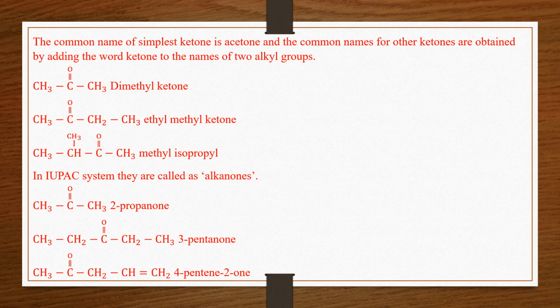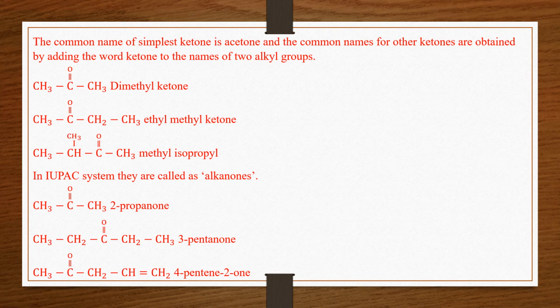It is a ketone. Very good. Methyl isopropyl ketone. Please add it in your notebook. Just to test you, I have left the blank over here. Students, are you following? Okay. So the first one is dimethyl ketone, the second one is ethyl methyl ketone, the third one is methyl isopropyl ketone.